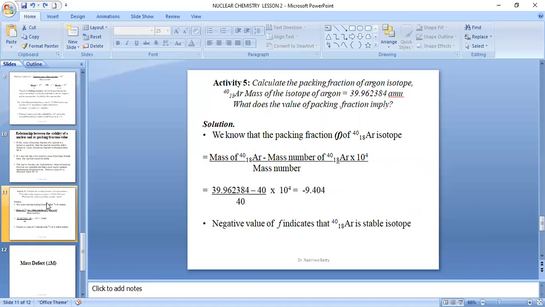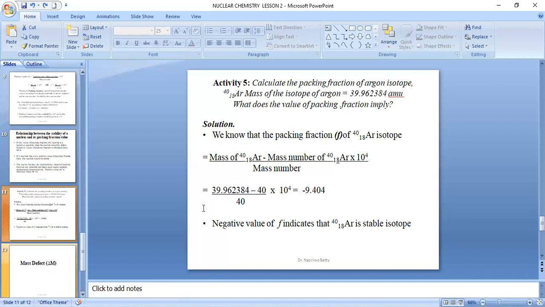The above question can be answered as follows. We know that the packing fraction of argon is given by the mass of argon minus the mass number of argon, times 10 to the power 4, over the mass number.